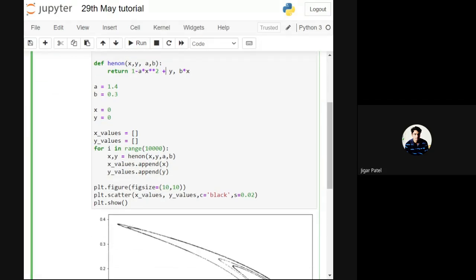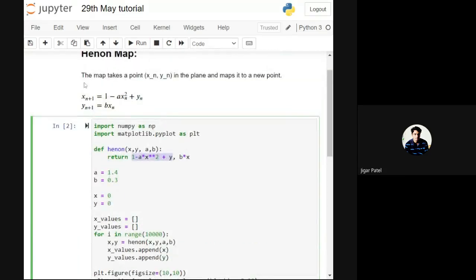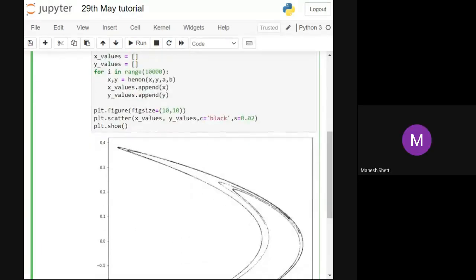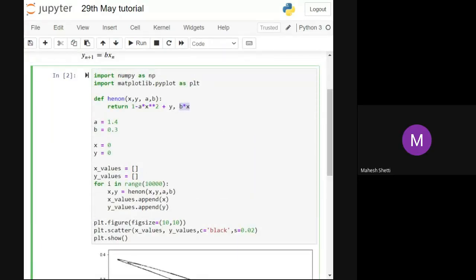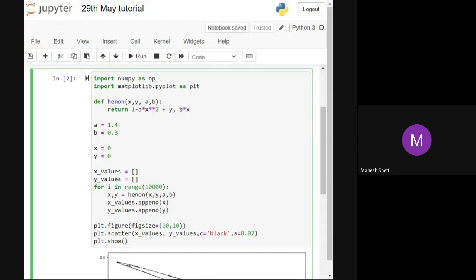So the function will be called in each time step and update the following values of x and y. The next x value is nothing but 1 minus a times x square plus y, and the next y value is nothing but b times x. So when you call this Henon function, basically it is giving this iteration, which is given in the iterative equation.